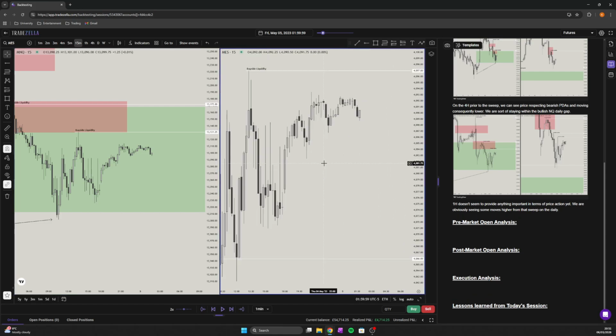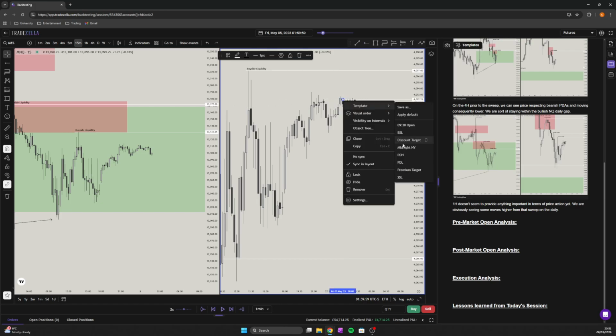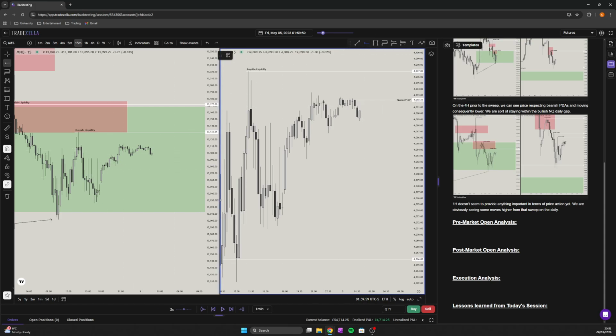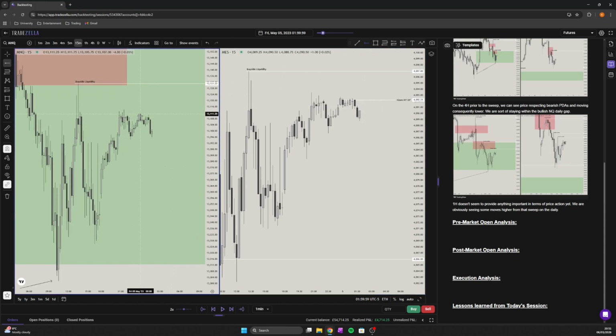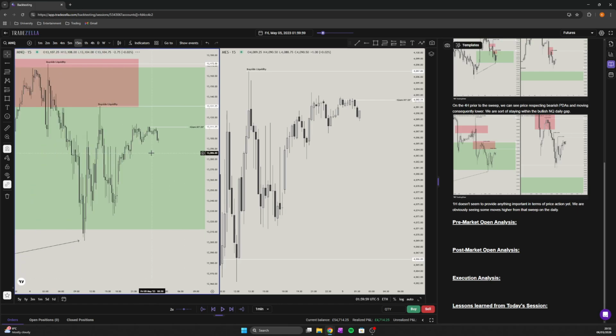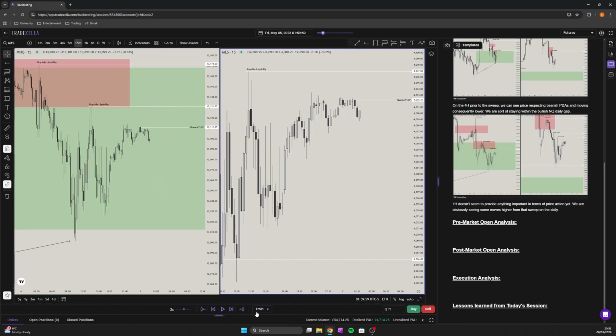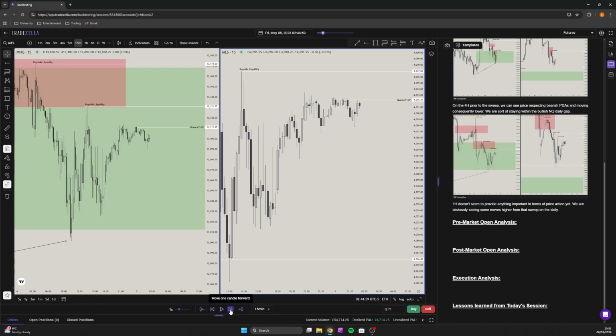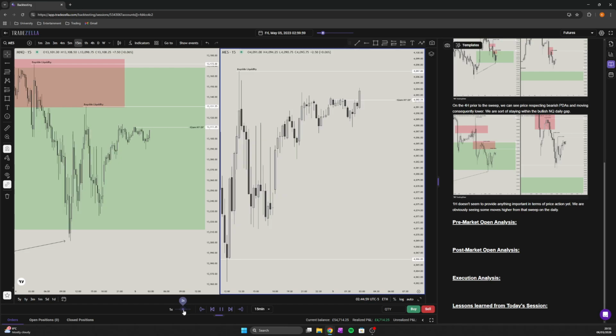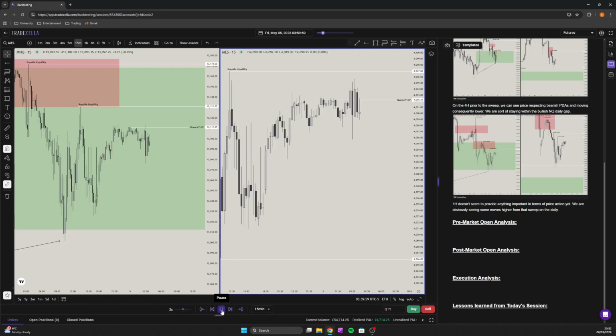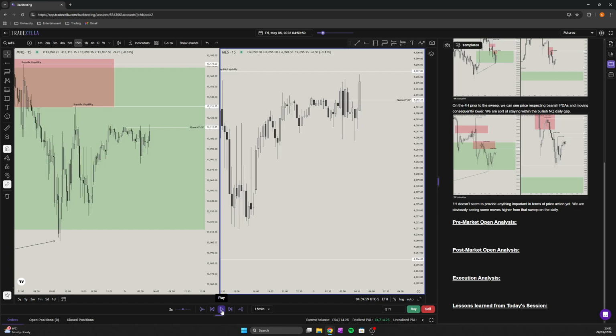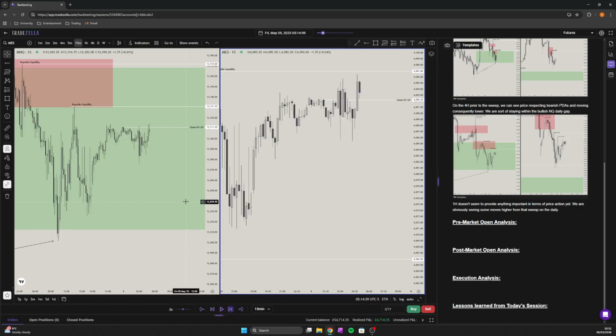So we can see, let's mark out midnight open. And more so, let's actually look at what London does. Okay, cool.